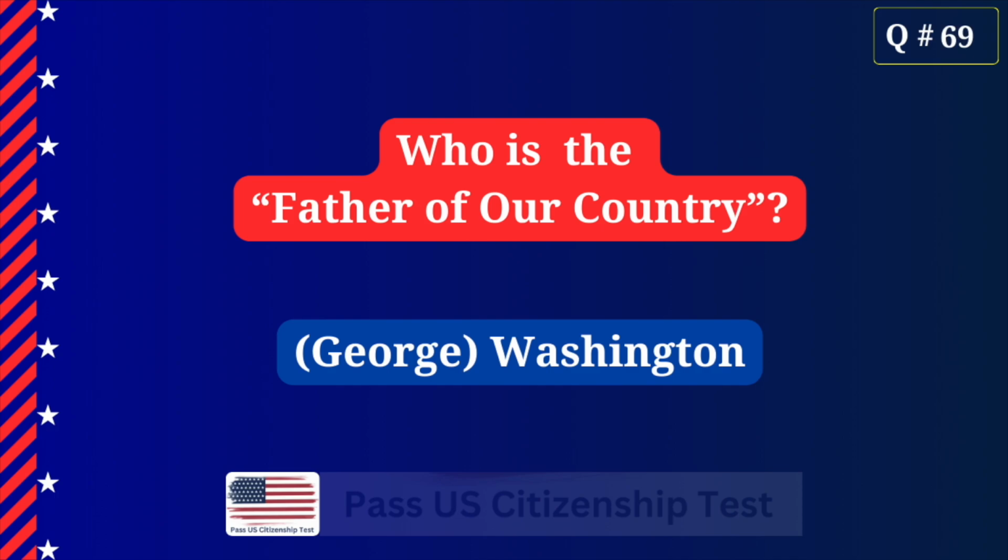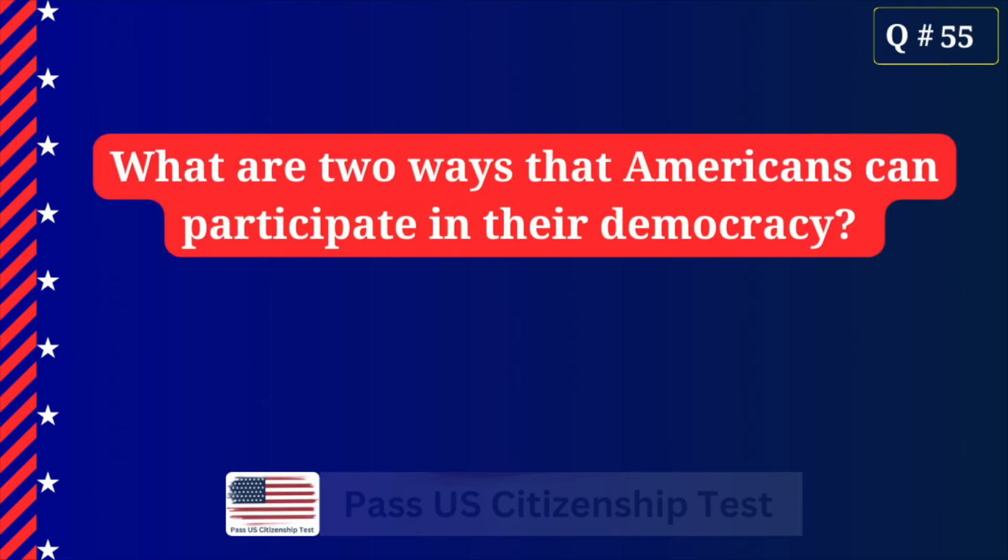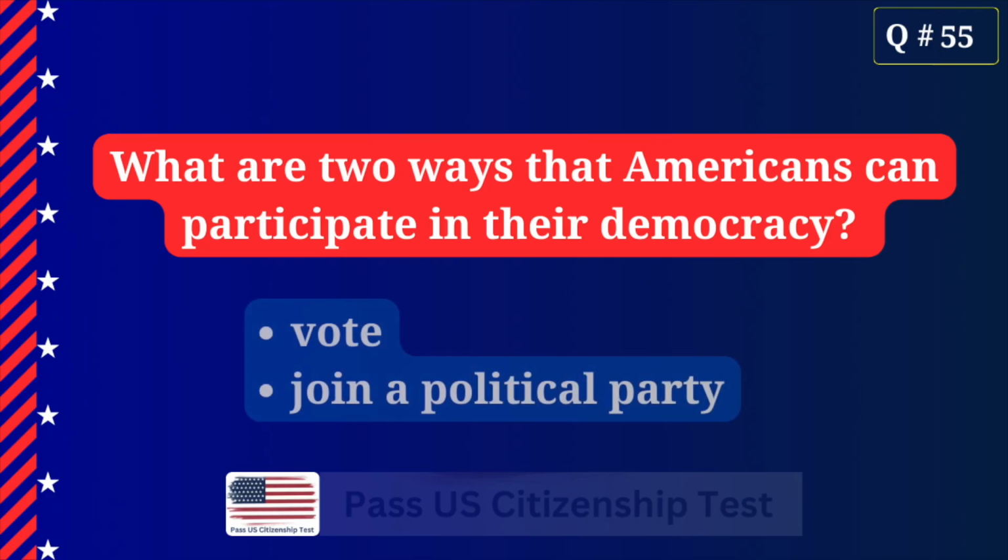George Washington. What are two ways that Americans can participate in their democracy? Vote. Join a political party.